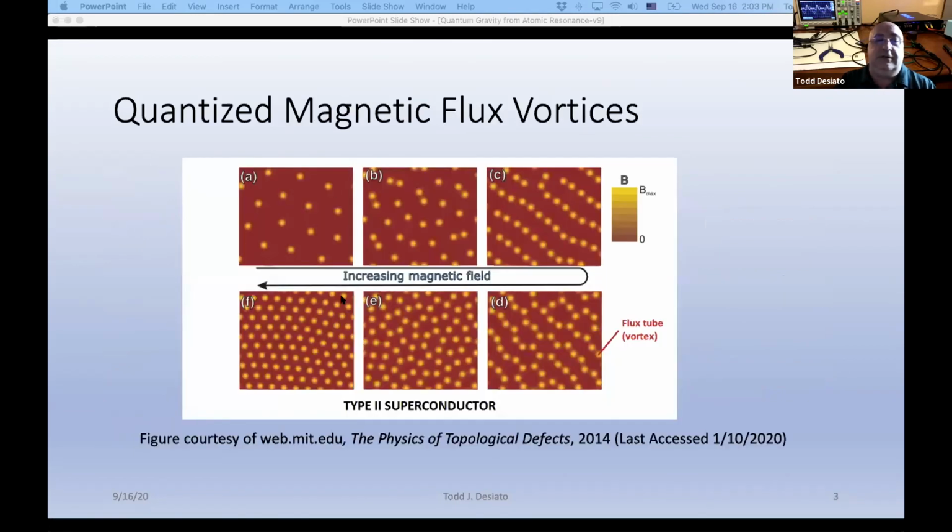You can see here, this is a type 2 superconductor. And as you increase the magnetic flux, what penetrates are the flux tubes. And the flux tubes can be ordered or disordered, but you can see they're quantized into individual flux tubes. And this is a nice illustration that I found.